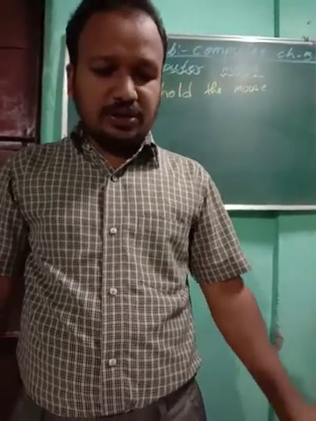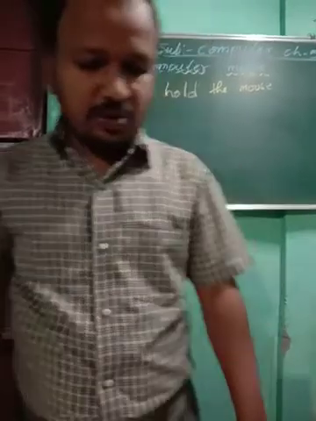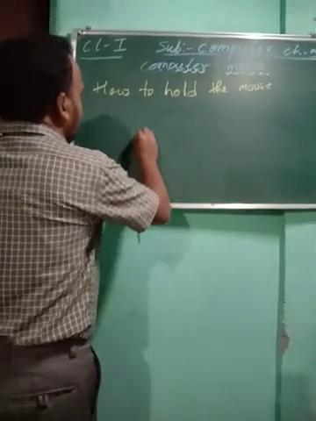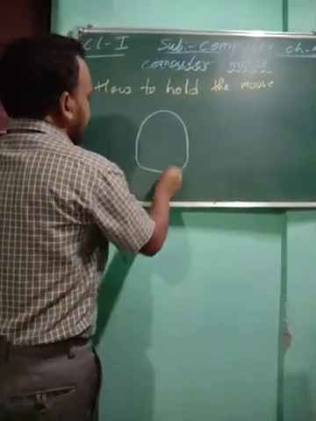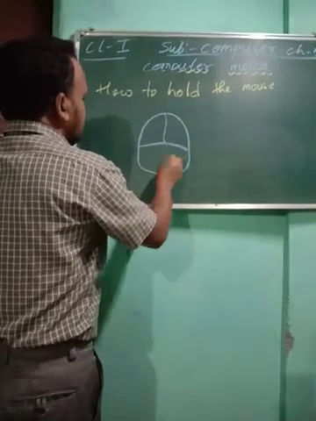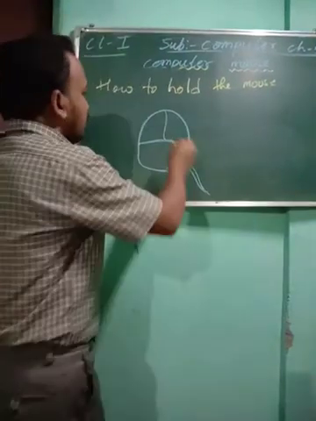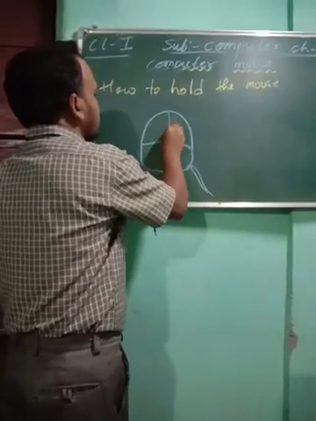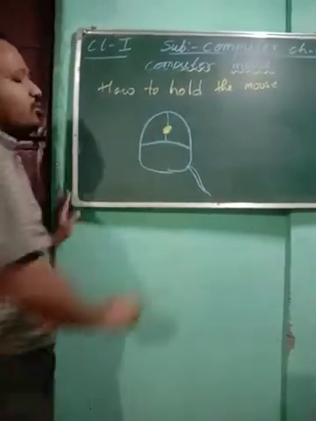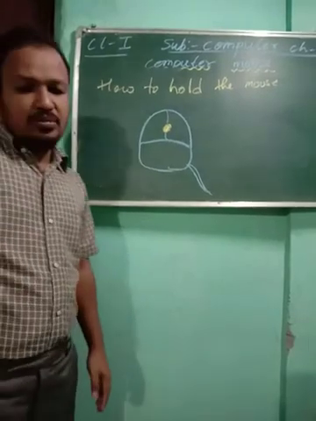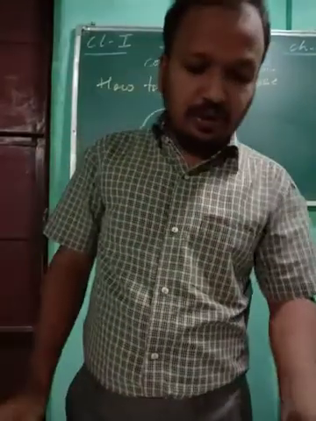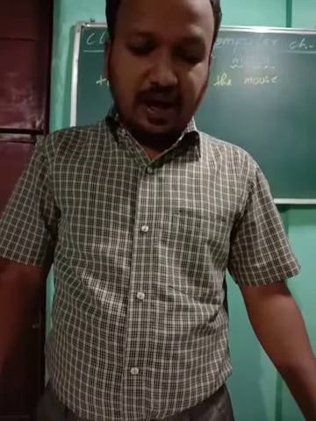Now in these pictures they are showing how to hold it. Once more I have to draw the computer mouse for you, with the scroll wheel. You can look in your book also, left click, right click. This is your index finger, this is your middle finger.